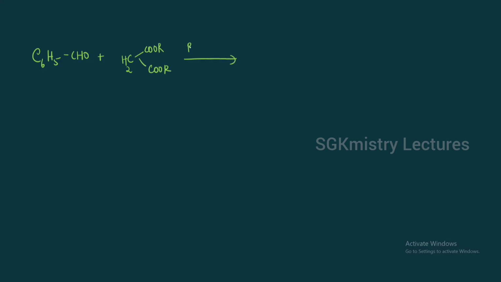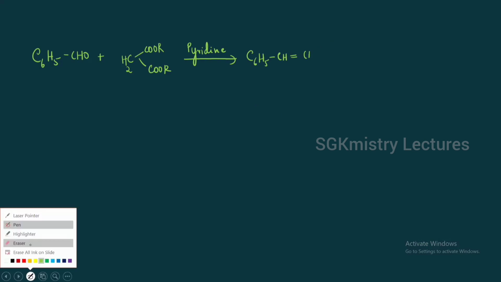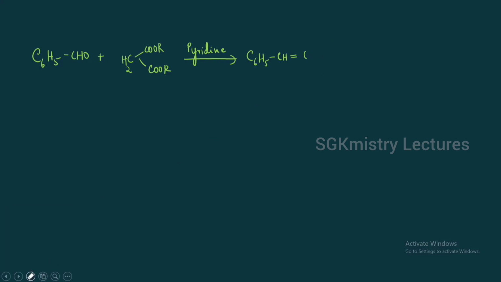In the presence of a weak base, like let us say pyridine, or you can also use piperidine, any one of them, you're going to get C6H5 CH double bond C(COOR)2.